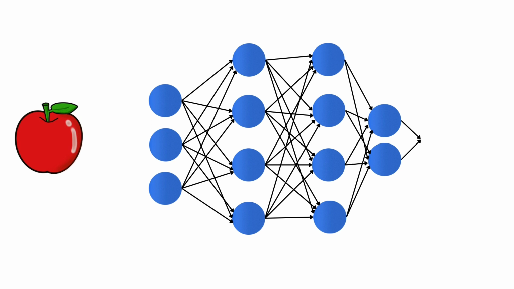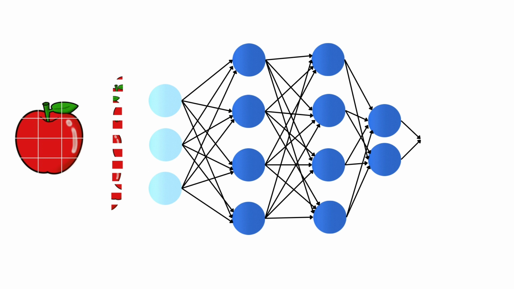Now let's see how a neural network learns from an image. As we know, the image consists of a number of pixel values. These pixel values are then normalized by converting them into tensors. After that, they are fed into the neural network.